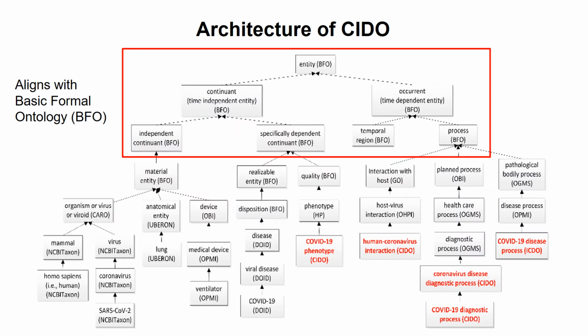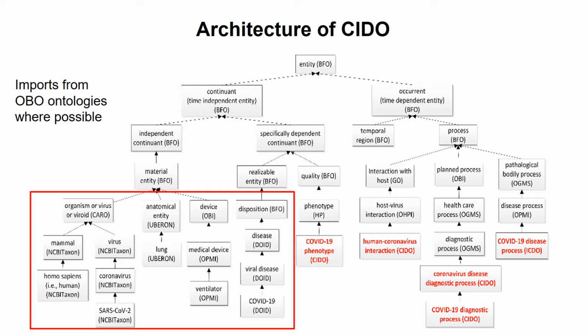The high-level architecture of CIDO is aligned with the Basic Formal Ontology. So you can see the entity, continuant, or occurrent. And then it also imports many terms from other OBO ontologies.